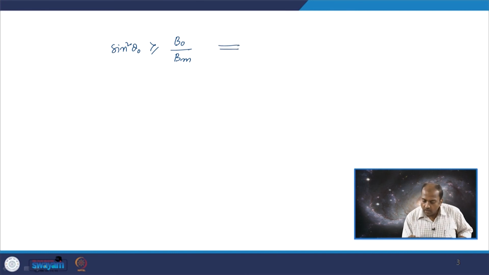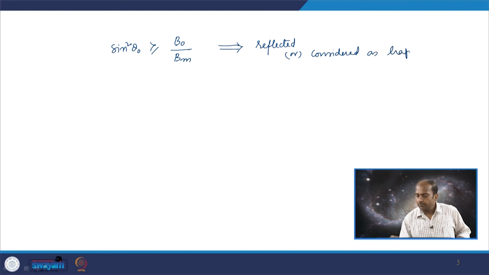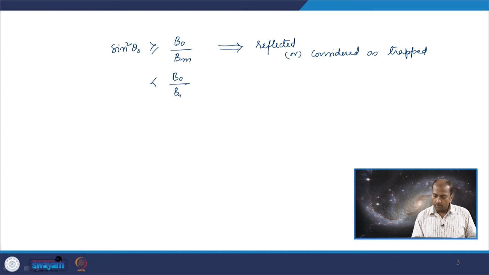Only then will the particle get reflected from the mirror point, or the particle can be considered as trapped, right. And if it is less than B0 by Bm, we will say that the particle is simply lost.